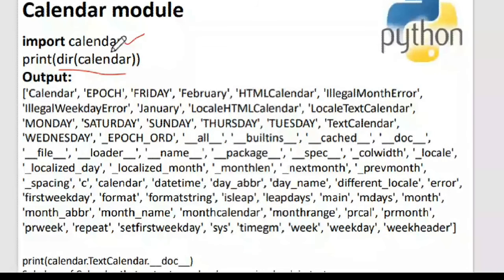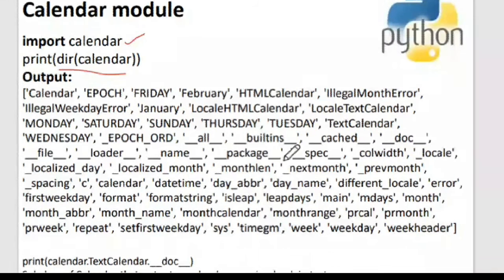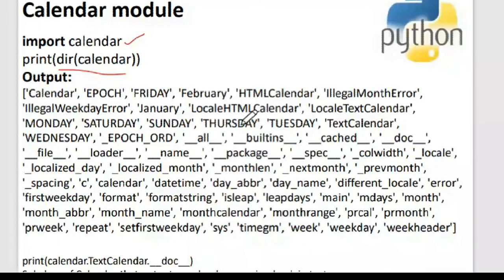I think I executed this yesterday and showed you, but once again, let us look at this. These are all the identifiers. Calendar generally has the names of the months and the day names, like Saturday, Sunday, Monday, and all that. And also some methods that are required to work with calendar are here in this particular calendar module.